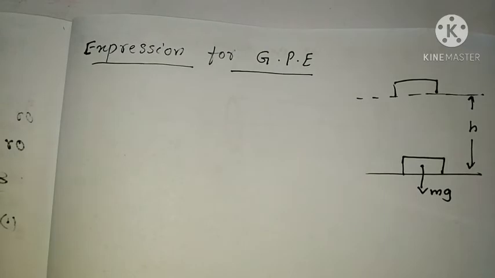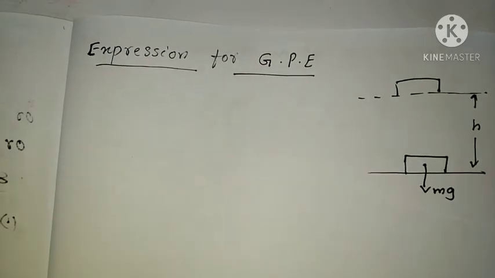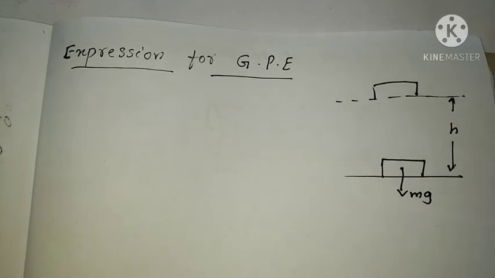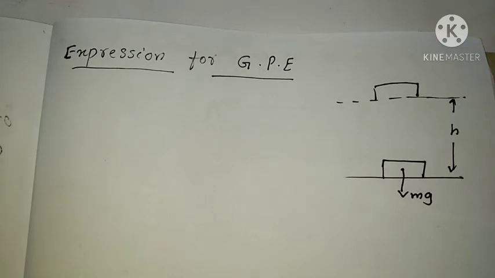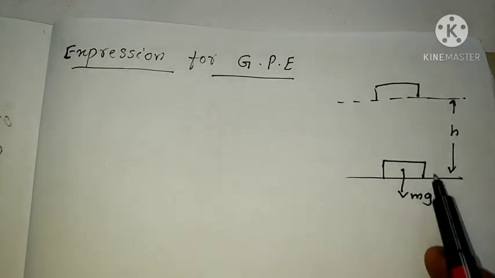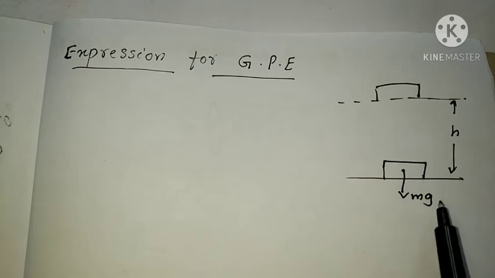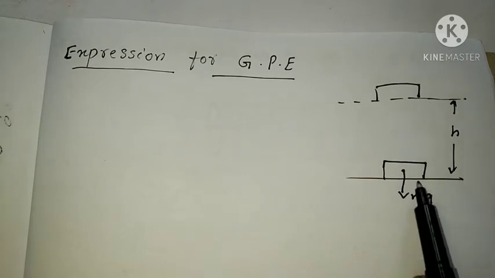So what is the gravitational potential energy? It is the energy possessed by the body by virtue of its position above the surface of the earth. Here we are considering a body of mass m lying on the surface of the earth. Let g be the acceleration due to gravity at this place.